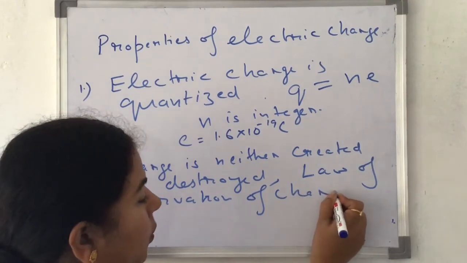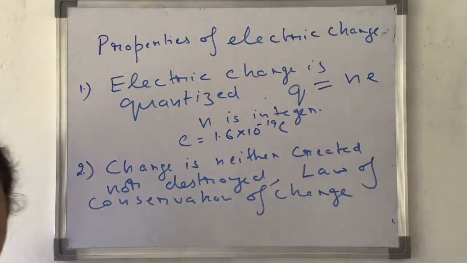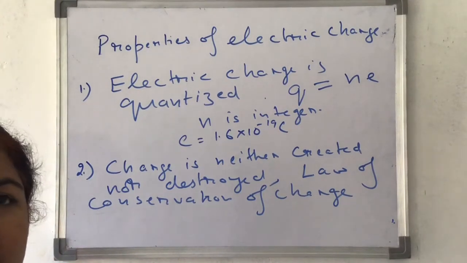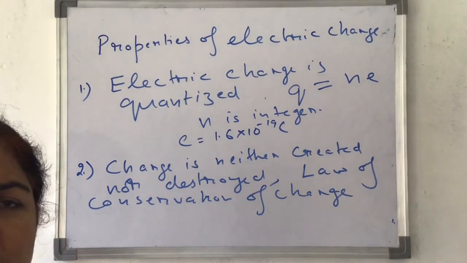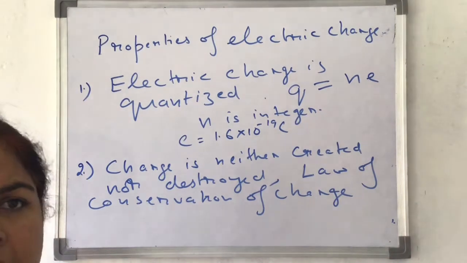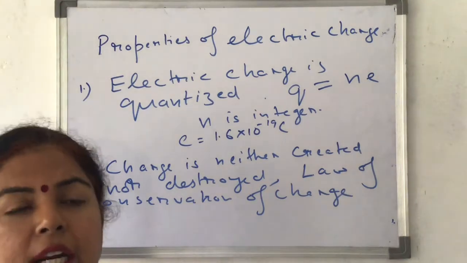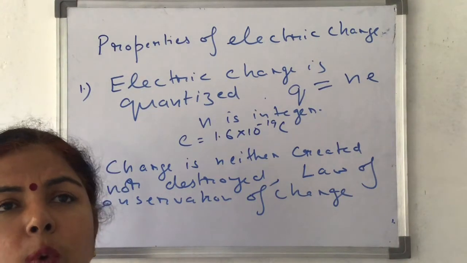I want to tell you this is applicable to all chemical and nuclear reactions. It is just like a universal law. Law of conservation of energy is valid in all cases. Similarly, the law of conservation of charge is valid both in chemical and nuclear reactions.